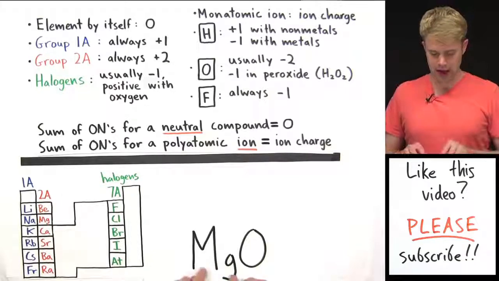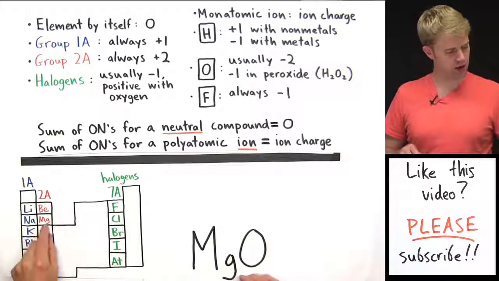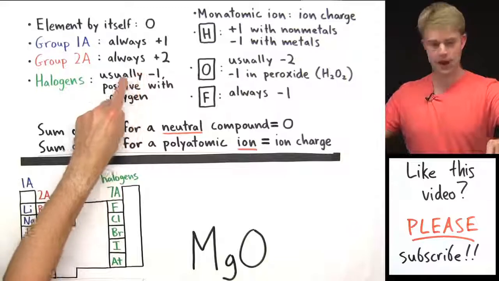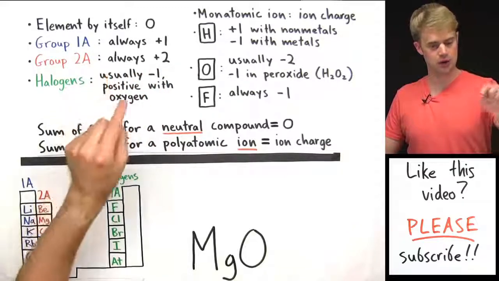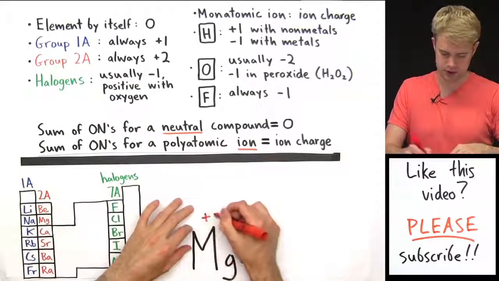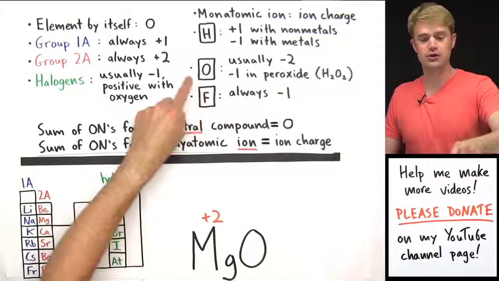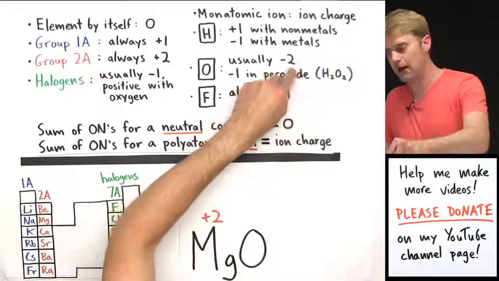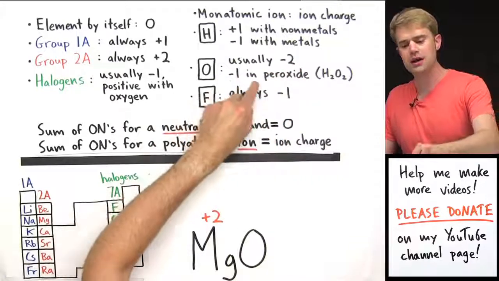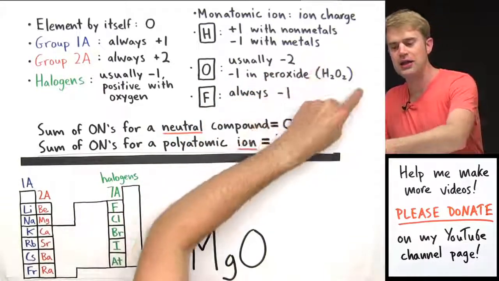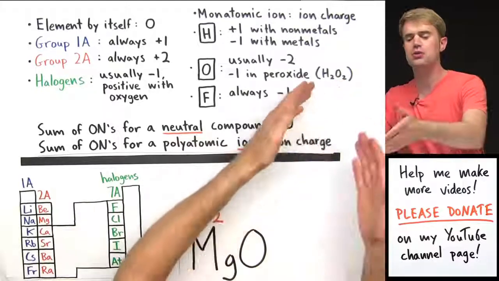MgO. Mg is in group 2A, and group 2A elements are always +2. So there's that. Oxygen here, we have a rule for oxygen. It is usually -2. It is -1 in peroxide. H2O2, hydrogen peroxide, is the most common peroxide.